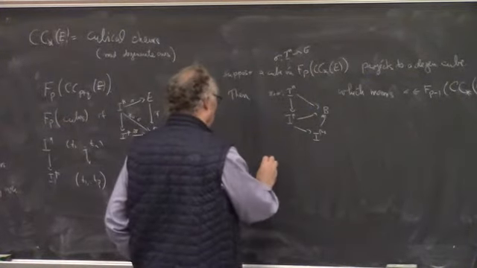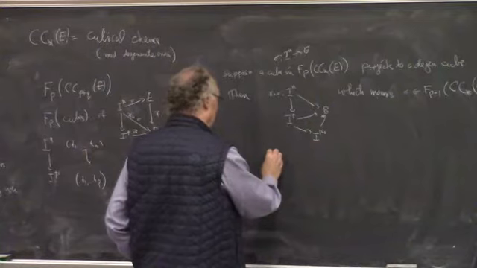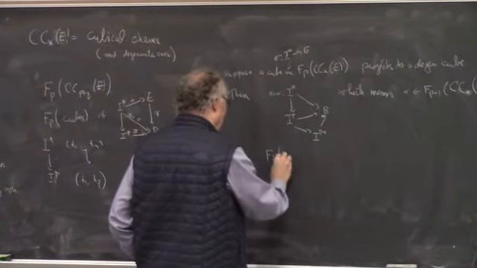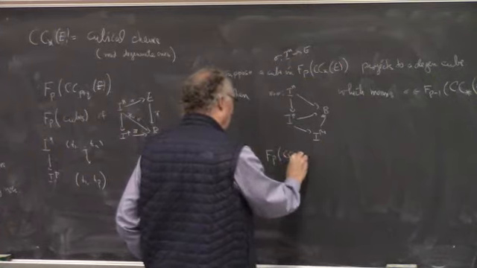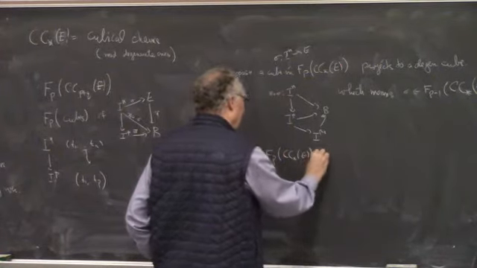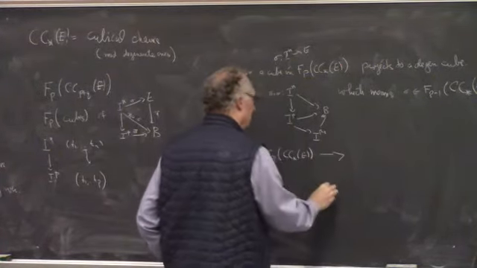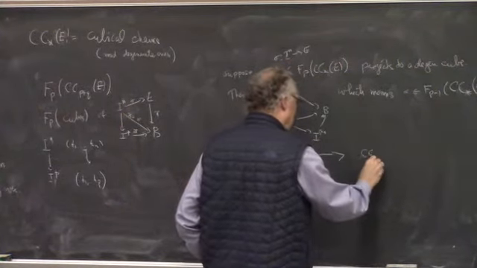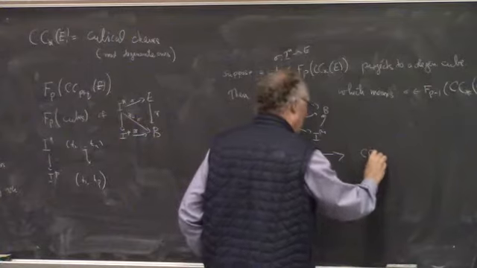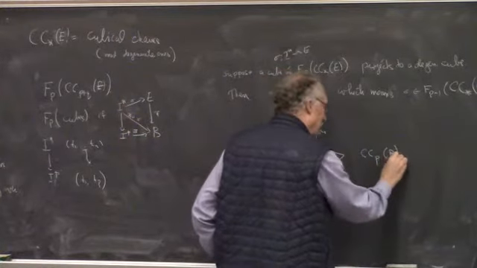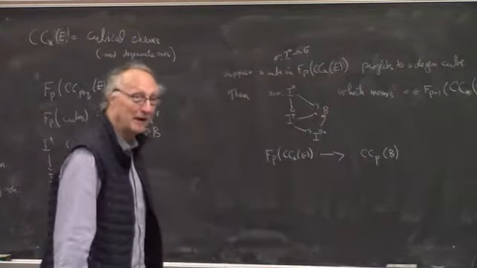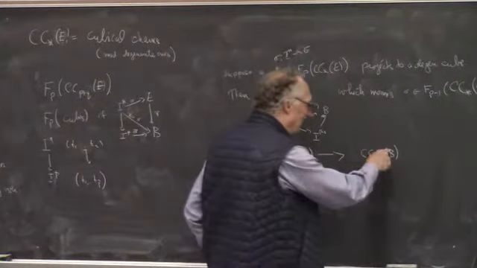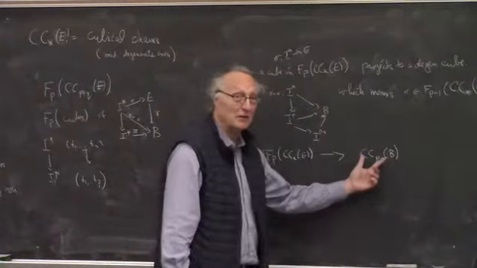so we're defining a map from F_p of these cubes in the total space into, I want to map into the p-cubes on the base. That's what I'm trying to define. So you divide out by degenerate cubes here.